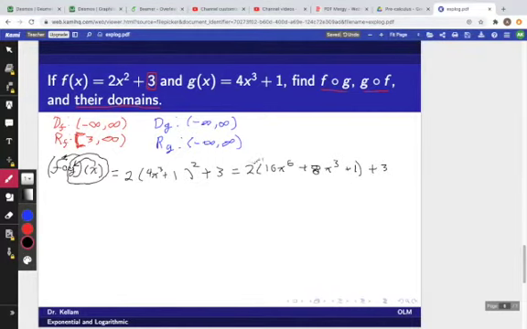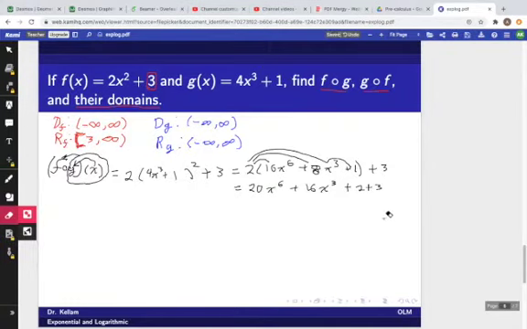We can then also distribute, and that will give us 20x to the 6th plus 16x cubed plus 2 plus 3, but instead of writing 2 plus 3, let's write 5. So, plus 5. Okay.